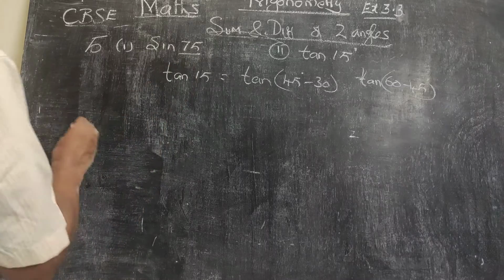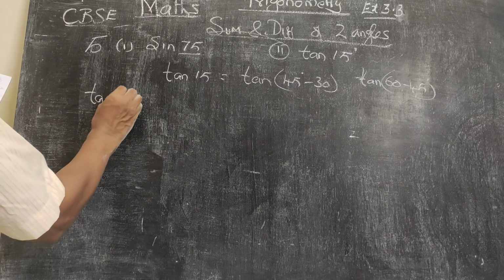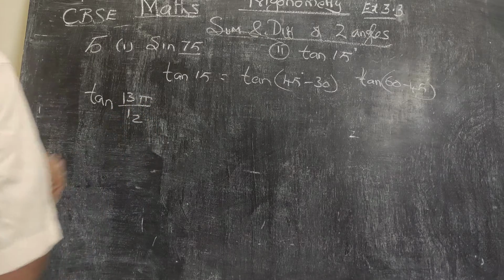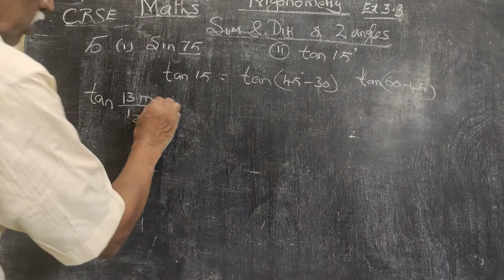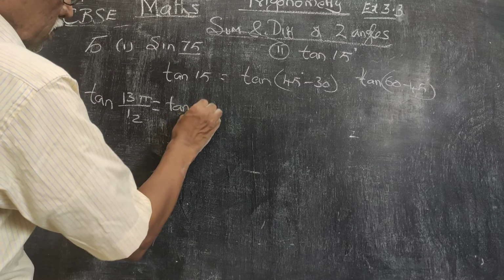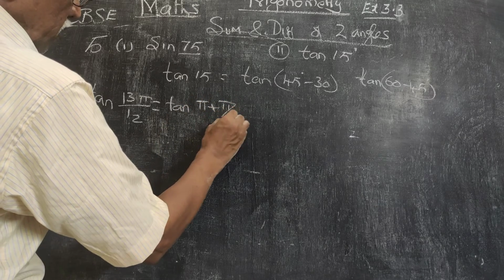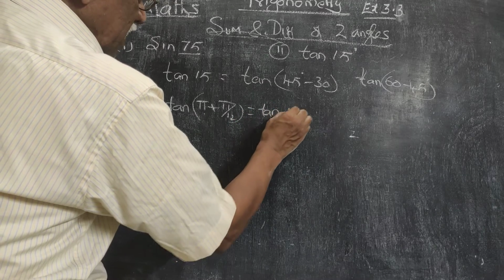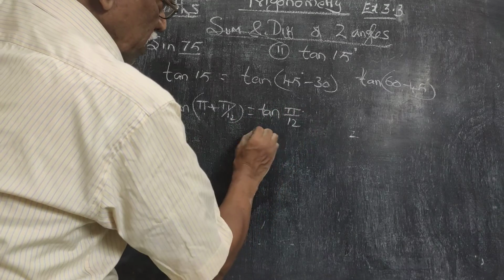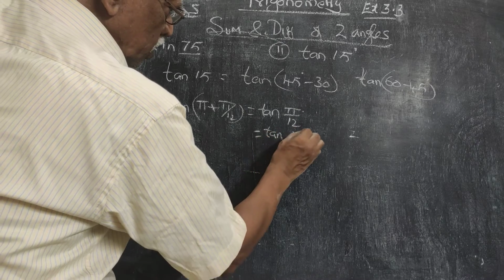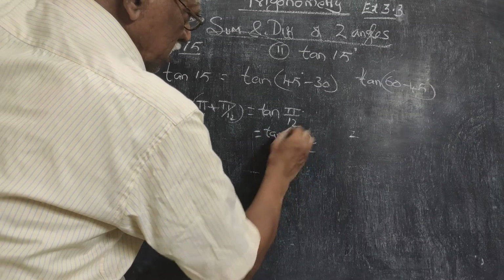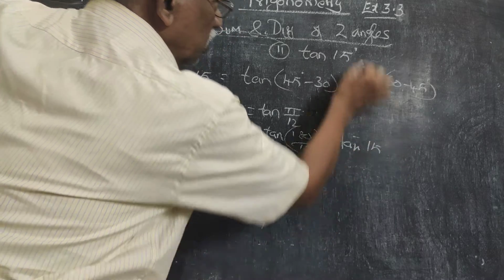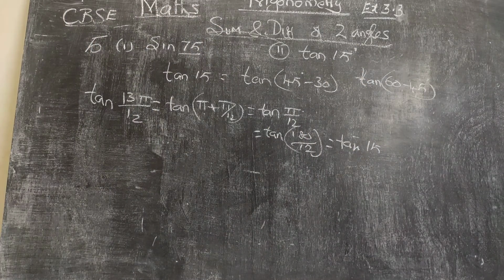In the exam the same problem was asked as: find the value of tan 13 pi by 12. 13 pi by 12, what we have done? Tan of pi plus pi by 12. This is the third quadrant, so we write simply tan pi by 12. Tan pi by 12 is tan 180 by 12, that is tan 15. So same thing here, they have asked very clearly tan 15.